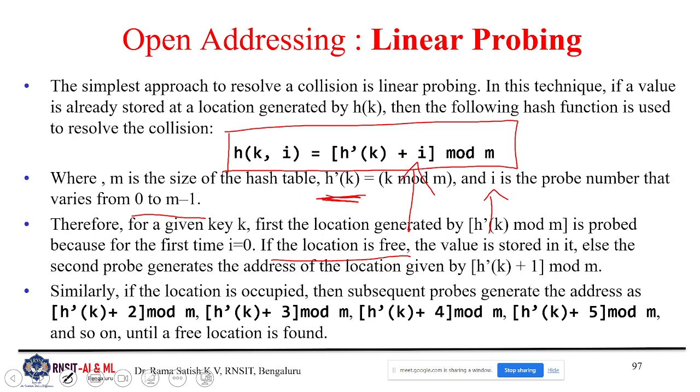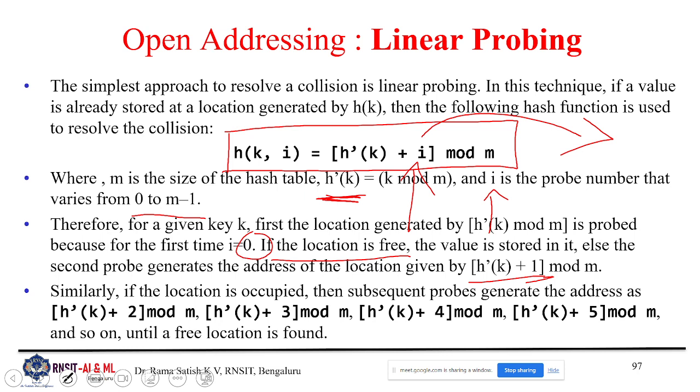If not, a secondary probe is generated. Whenever you go for a secondary probe, the i value increases. Earlier i was 0, now i became 1.